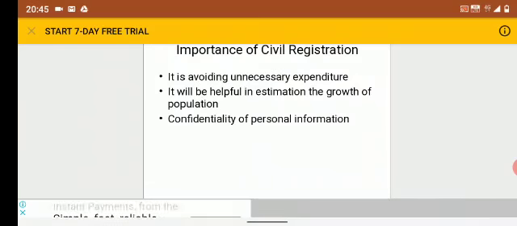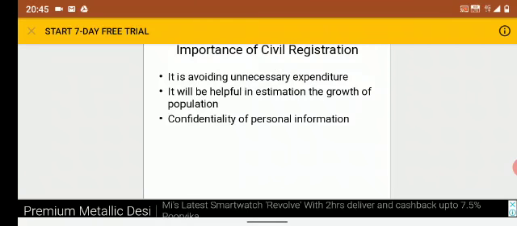It will be helpful to estimate the growth of population. As you know, each and every day the birth rate is increasing, rapidly increasing. So civil registration helps to estimate the growth of the population. It also maintains the confidentiality of personal information.